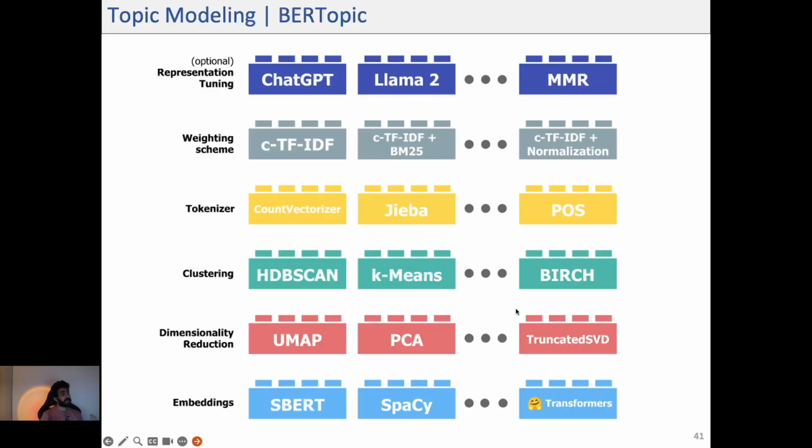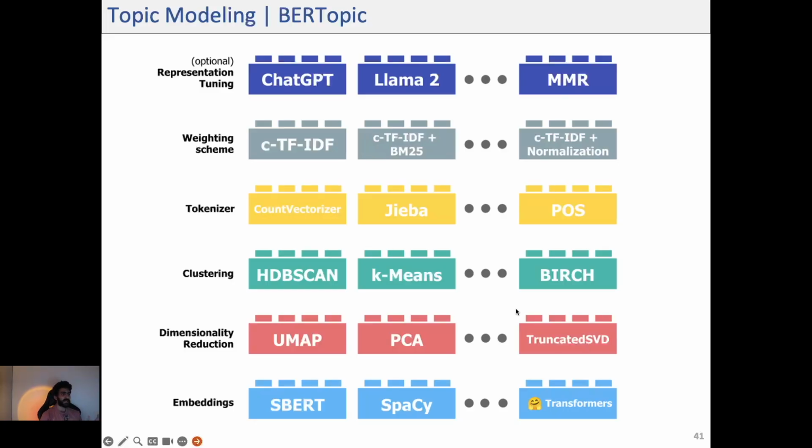This step determines which words best describe each topic. And then for the representation tuning, you can use models like Llama, MMR, you can also use ChatGPT. Those techniques help refine or re-rank topic terms to improve coherence or reduce redundancy.